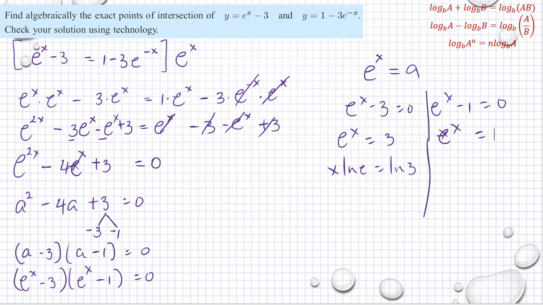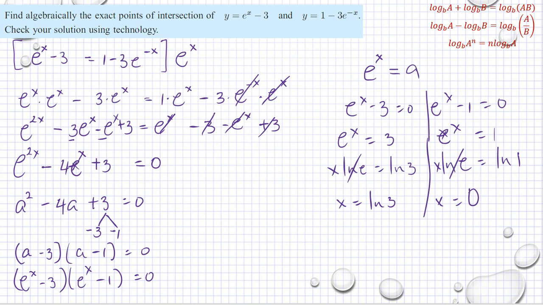Then x ln of e is equal to ln of 1. This is 1. Then we have x is equal to ln of 3. And this is 1. Then we have x is equal to ln of 1, which is 0. So that means they have points of intersection when x is equal to ln of 3 and y is equal to 0.